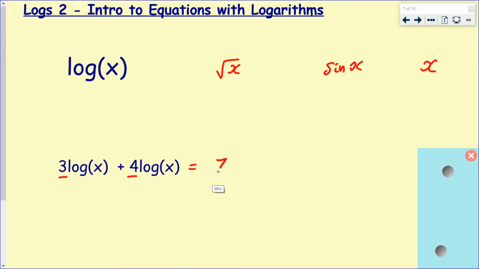So here we can just say, well, this is 7 lots of some number, log x, that we don't know. And so all of the ways that you would normally manipulate algebra, you can do the same with manipulating log x, but just make sure that you treat log x as its own entity.